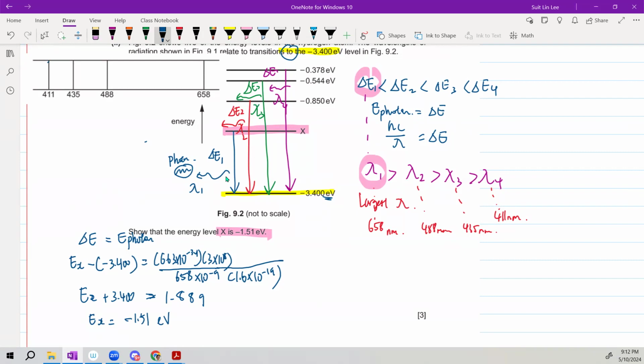So this will be 1.511. Okay, moving on to the next thing.